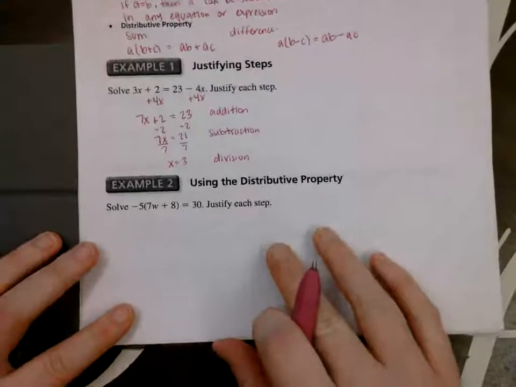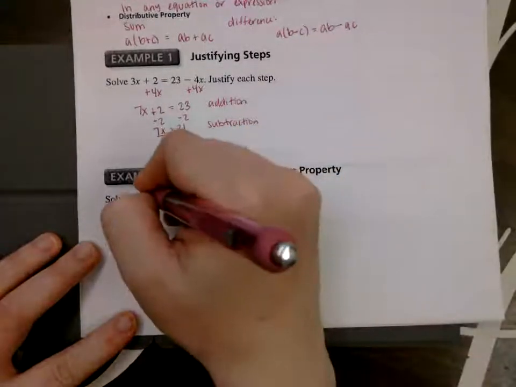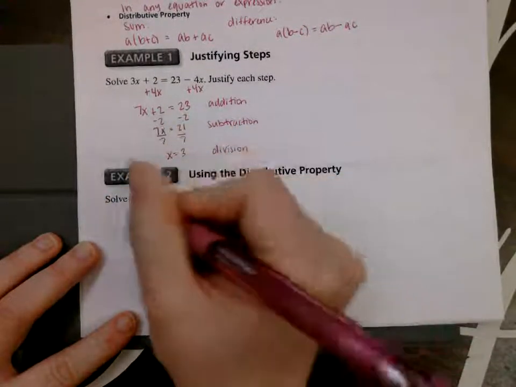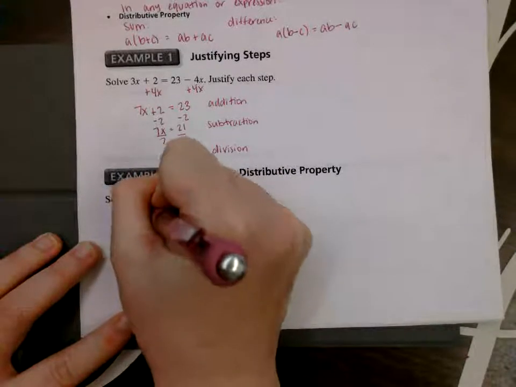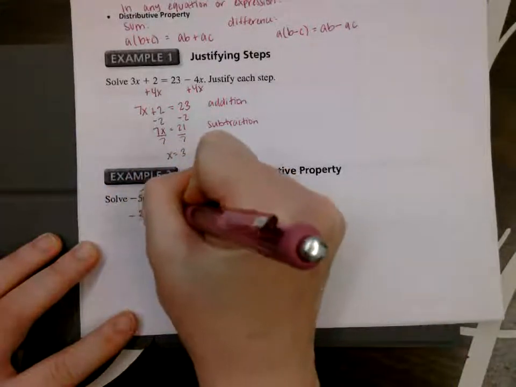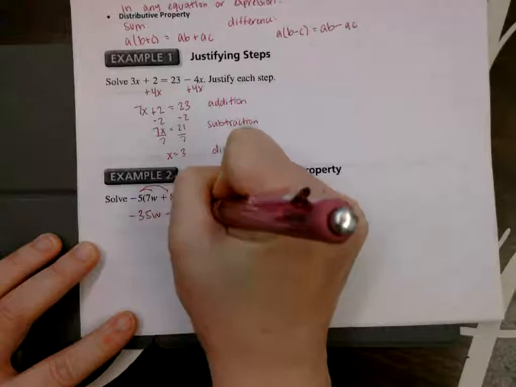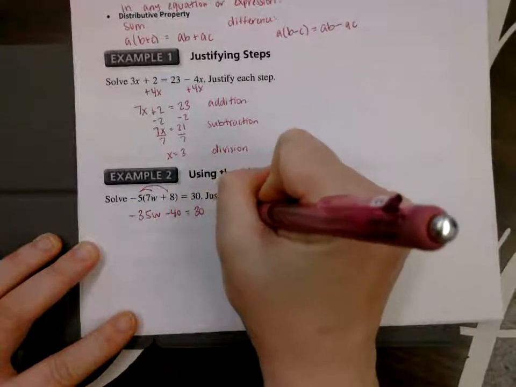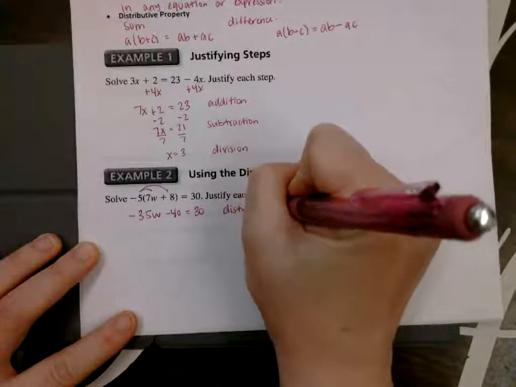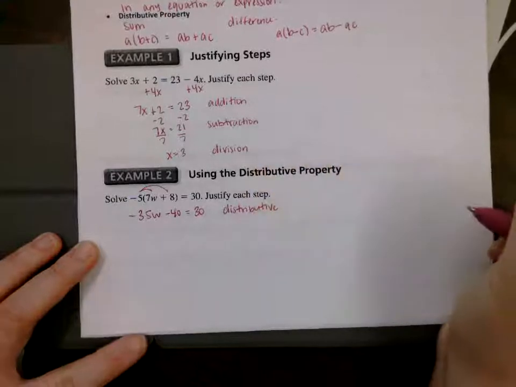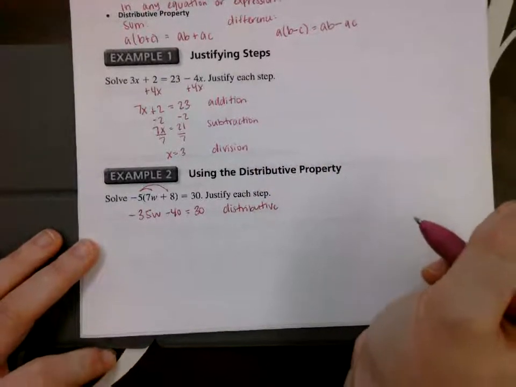Okay, next one, example 2. Okay, the first thing that I would do is I would distribute through. So I get negative 35w minus 40 is equal to 30. Okay, distributive. If you wrote distribution, that would be fine too.